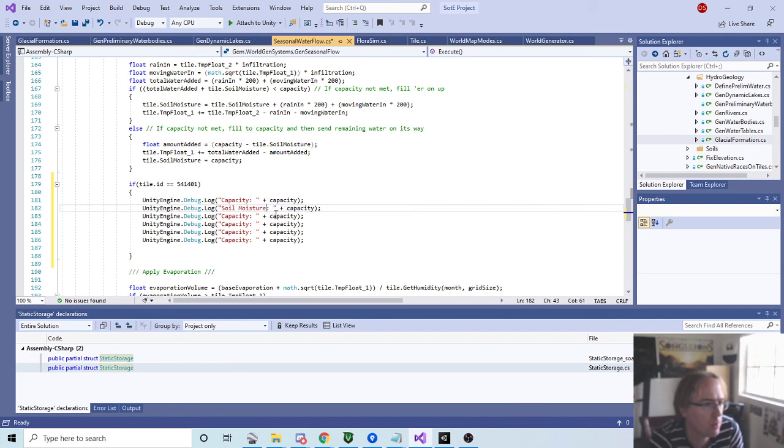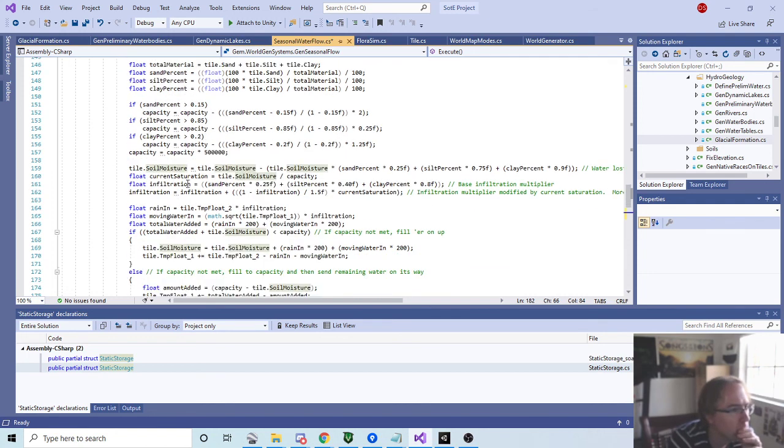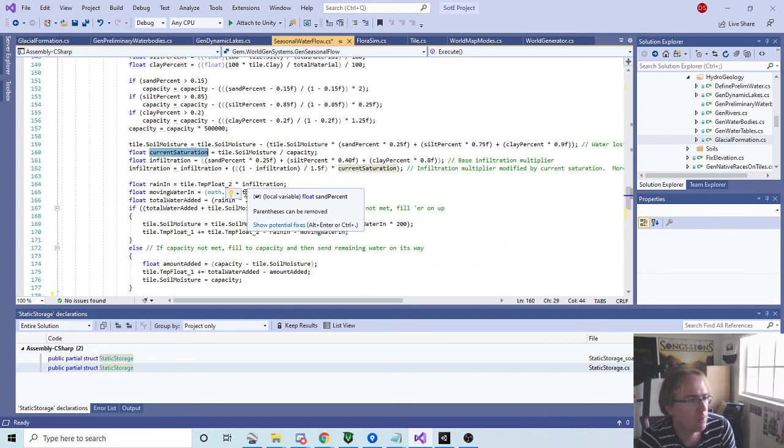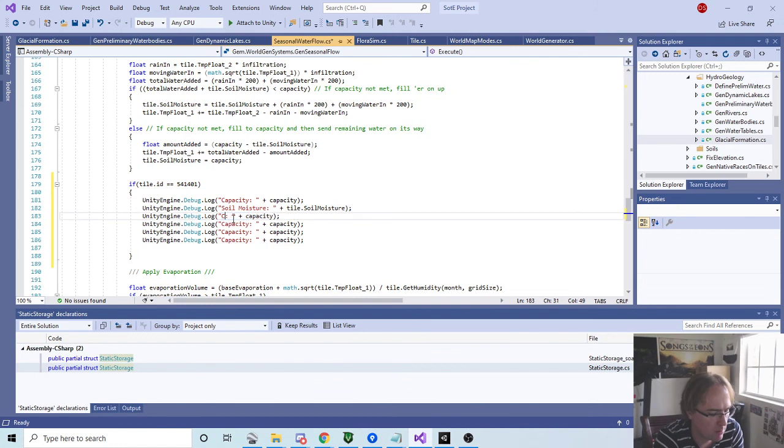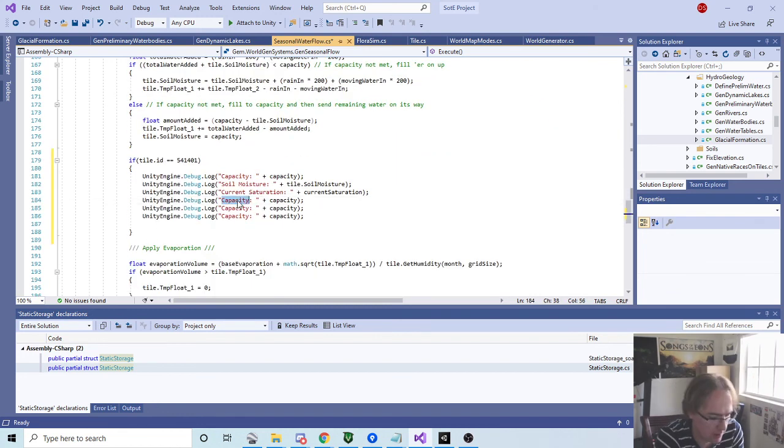Soil moisture. Saturation. Okay, so this is our infiltration multiplier.